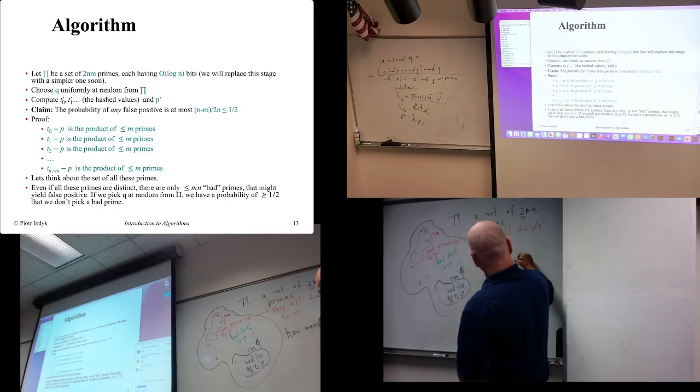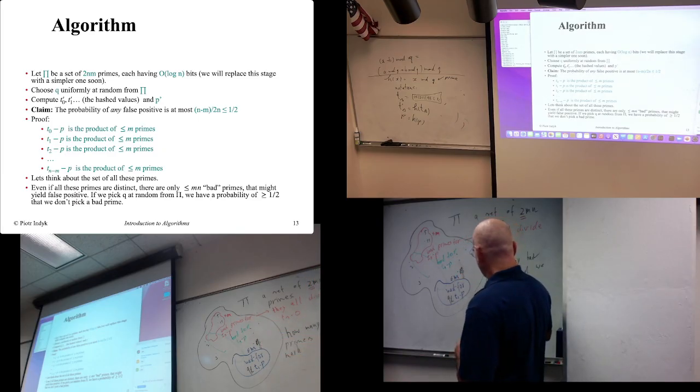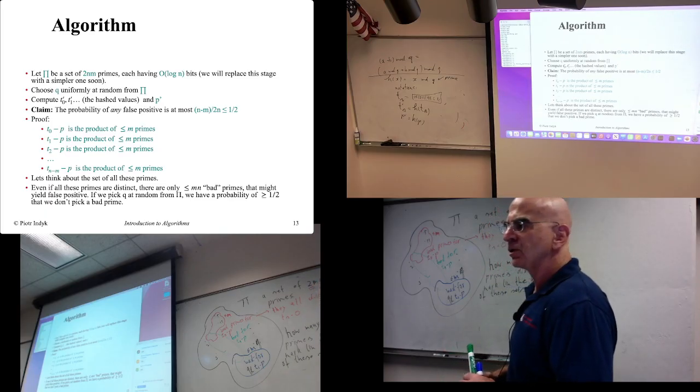How many bad primes did we mark, like specified in the union of these sets, taking all the bad primes for any particular shift?